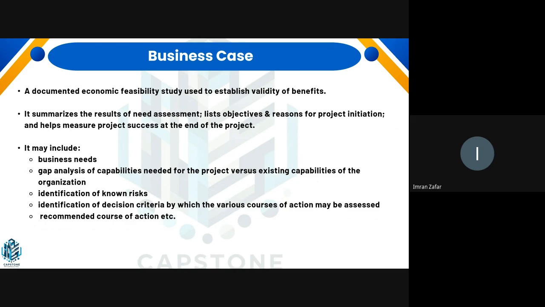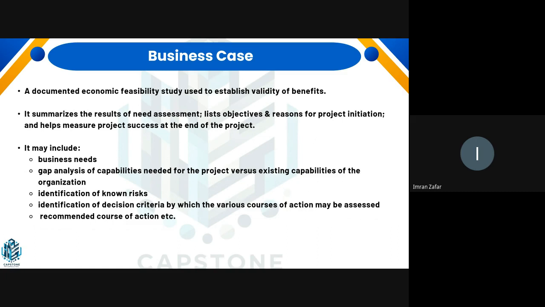Are there any risks that may go with that kind of project? And other things like cost benefit analysis, and maybe some other financial aspects as well. What will be the IRR, which we call the internal rate of return?